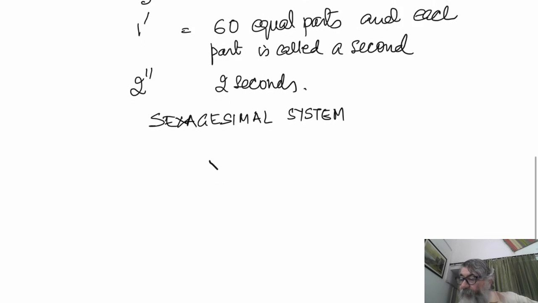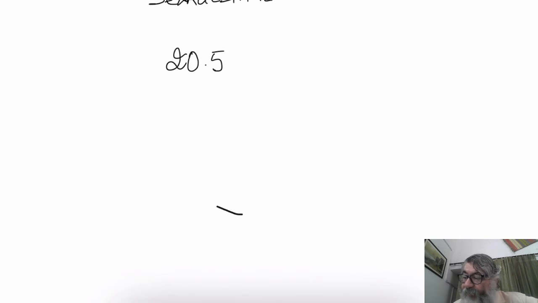For example, if I want to write 20.5 degrees, what will it become?